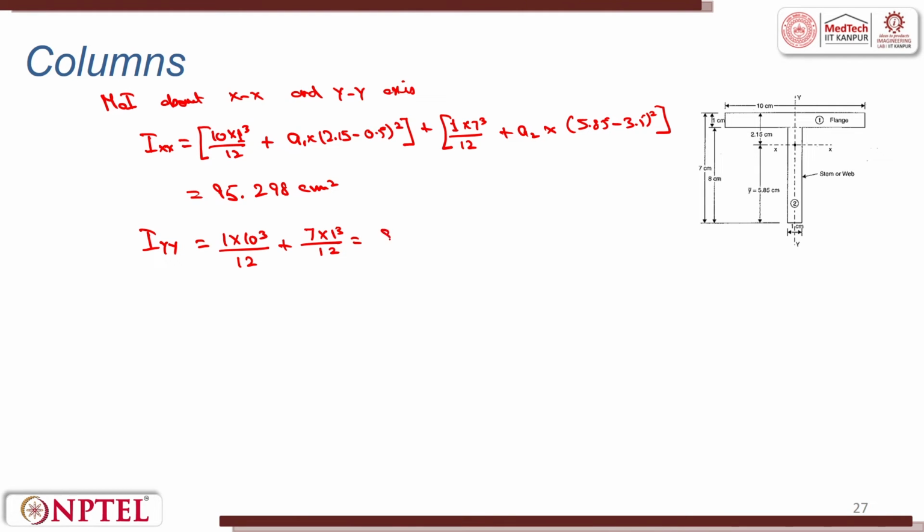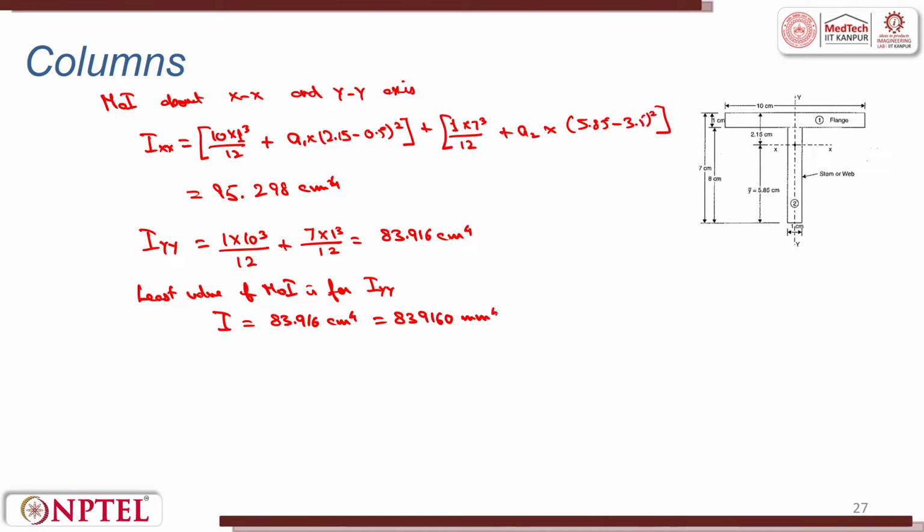This is equal to 83.916 centimeters to the power 4. So the least value of moment of inertia is for Iyy. Therefore, I is equal to 83.916 centimeters to the power 4, multiplied by 10 power 4 to convert into millimeters, that is 839160 millimeters to the power 4.